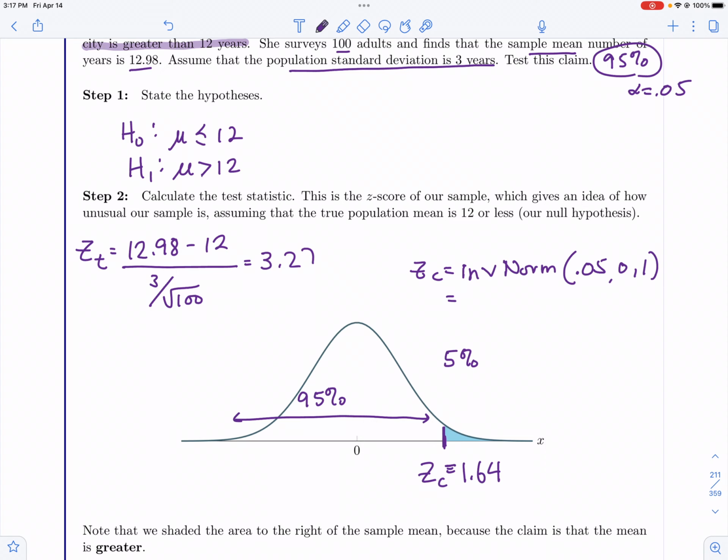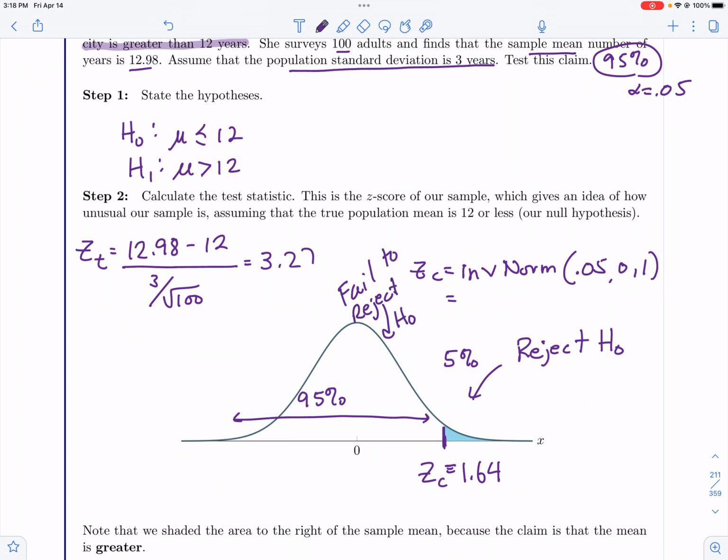So for this one, I know the blue area is going to be reject H naught, because that's where our claim lives. If we land in the blue area, that's the good area. So if our z-score, our test statistic, is above 1.64, we're going to reject H naught. If our test statistic is smaller than 1.64, then we're going to fail to reject H naught.